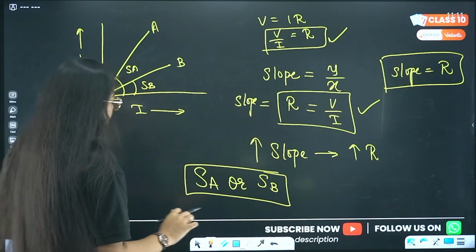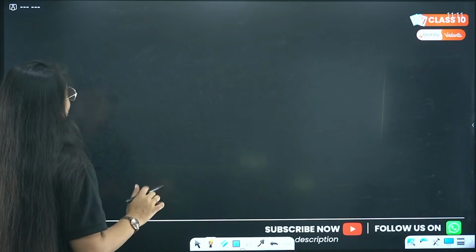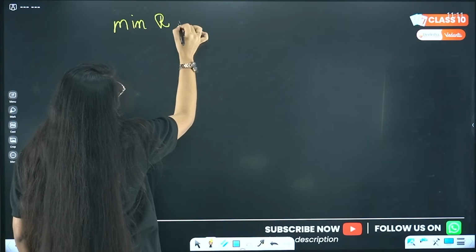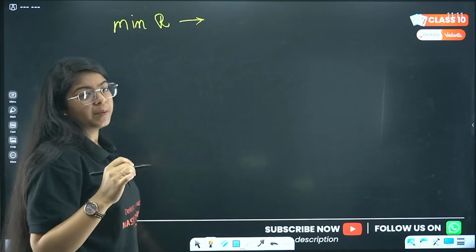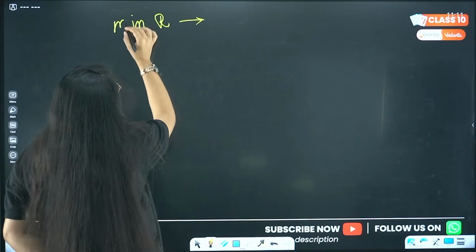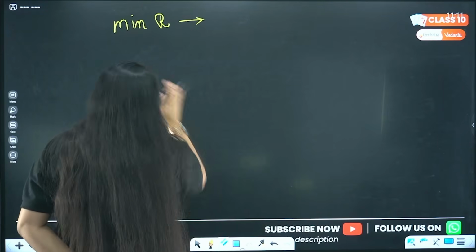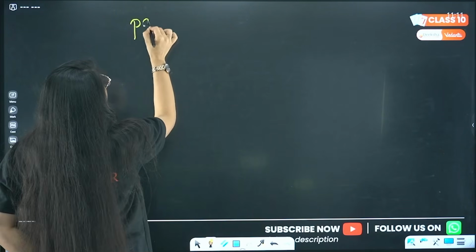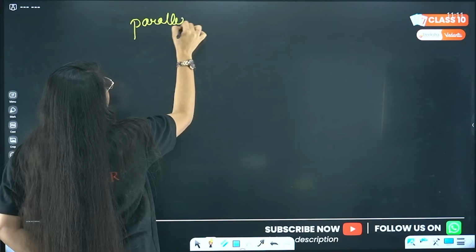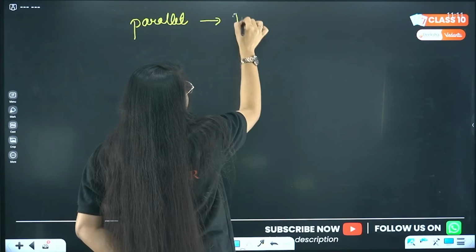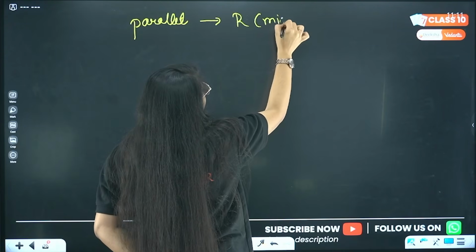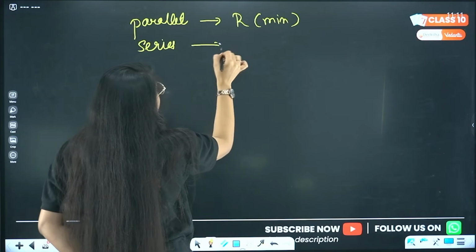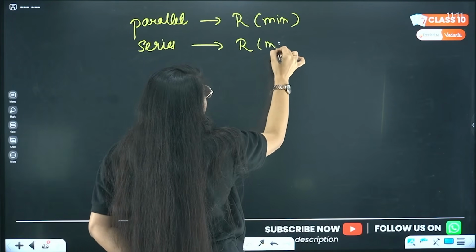Okay, let me tell you just this one thing. What is it? For minimum resistance, slope will be... now I told this the wrong way round. For parallel combination, resistance is always minimum, and for series combination, resistance is always maximum.